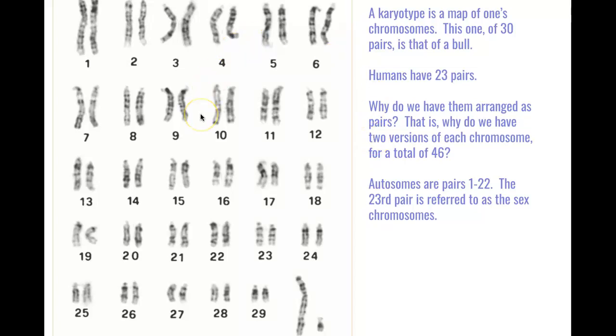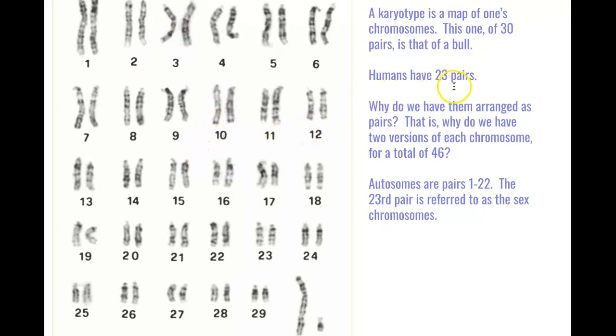They don't occur in the cell this way naturally. It would be more of a chromosome soup in terms of their arrangement. But we can identify and organize and label chromosomes from cultured cells, producing a kind of map of chromosomes called a karyotype. And so this is the karyotype for a bull.